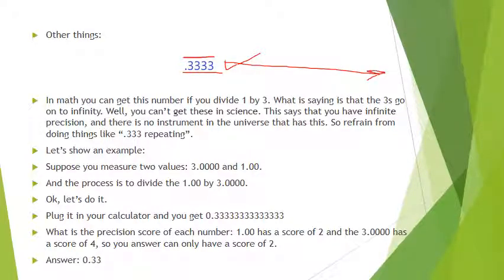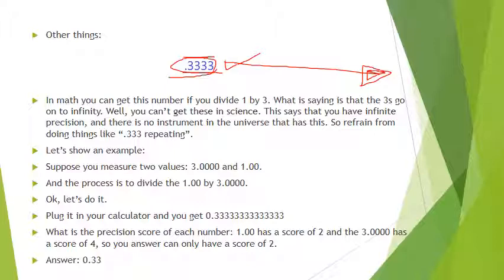And you think it's so clear that it's the clearest day in the universe, and there's no clouds at all, and we can't have that. There's always clouds. So don't do the 0.33 repeating. You have to pay attention.